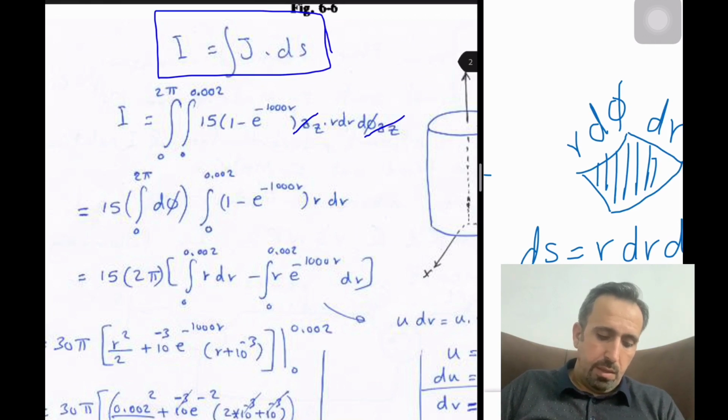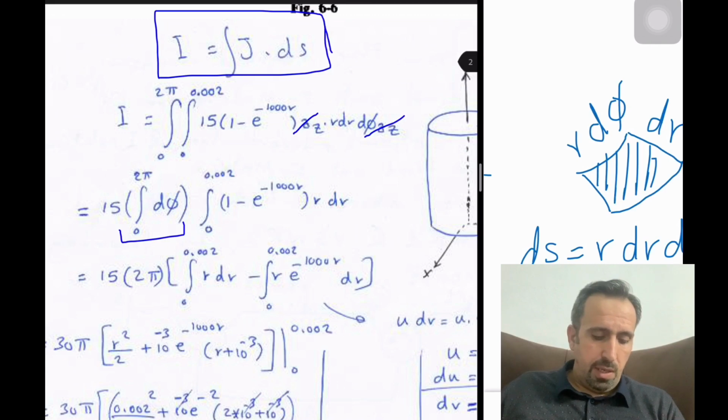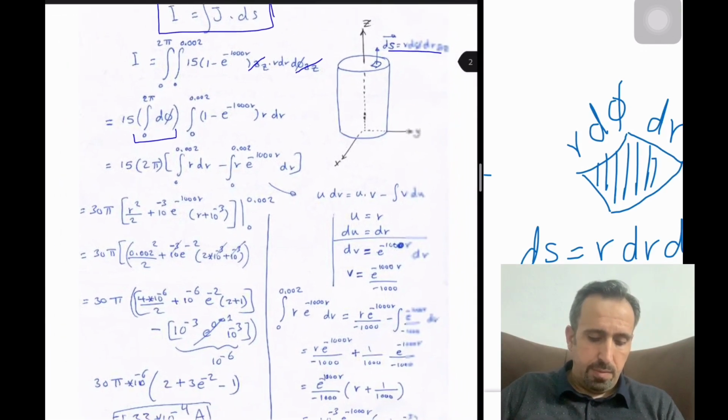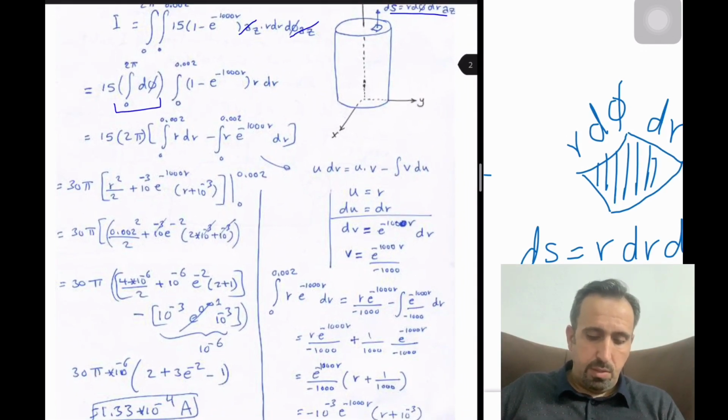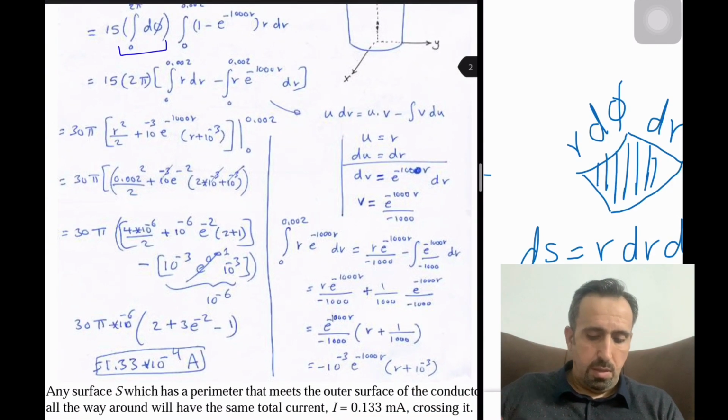Directly you can take the integration of d phi separately, from 0 to 2 pi, and the answer will be 2 pi, a constant that comes out of the integration. The other integration, for r, may be solved by parts, or by one of the methods of integration.